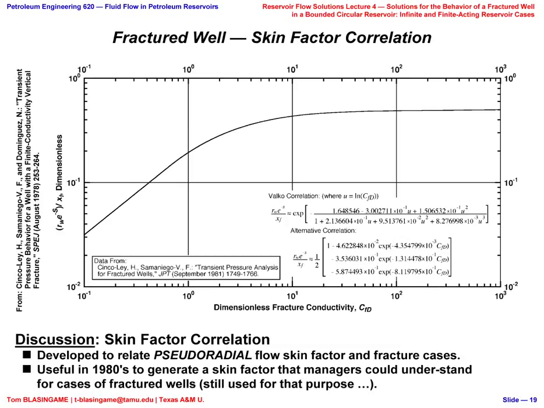So what does it tell you? For a fracture conductivity greater than 10, you have essentially a constant behavior. So this is actually what was used to calculate an equivalent radial flow skin factor. If you know the conductivity and you know the fracture half length, let's say from a well test, then you could calculate the skin factor. Why is that important?